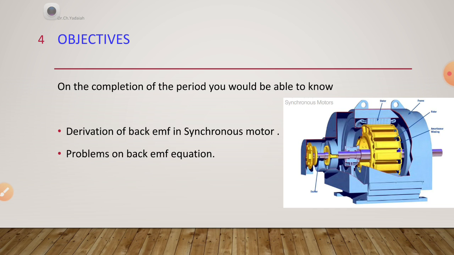When the 3-phase supply is given to the stator, it produces a constant rotating magnetic field of 1.5 times the flux produced by each phase, 1.5 times phi m in magnitude, rotating in the air gap at synchronous speed, that is Ns equals 120 f by P.